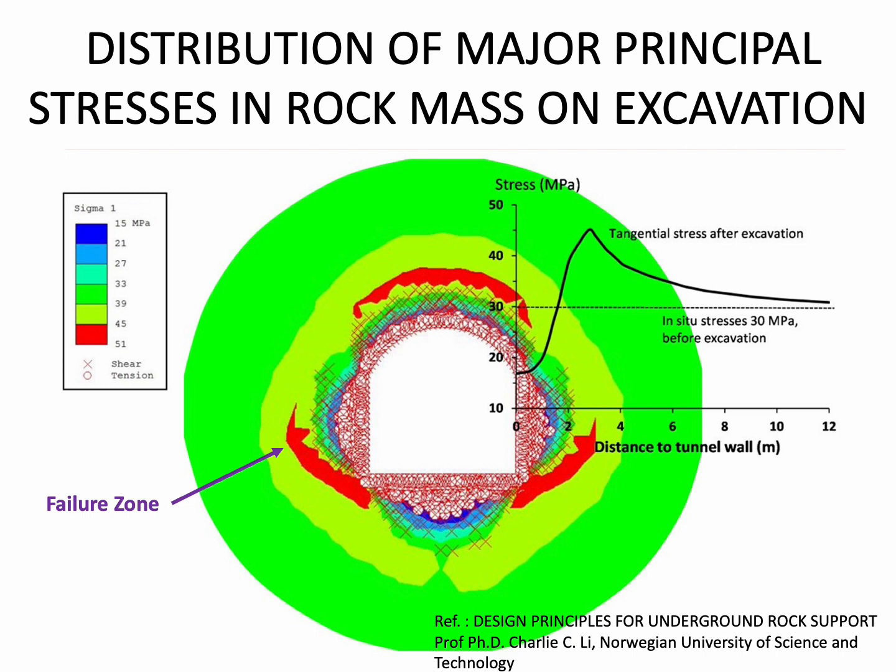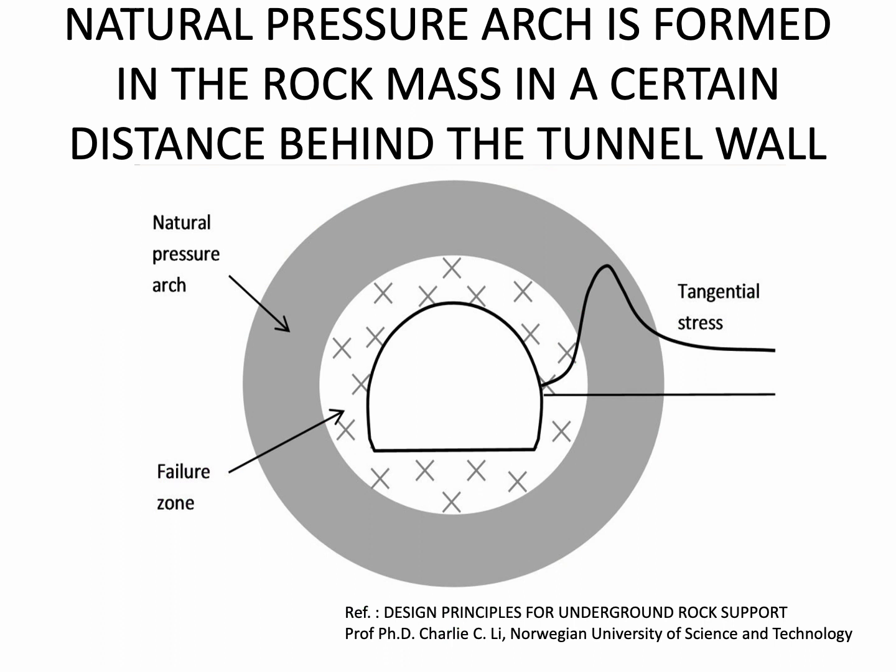and thereafter this tangential stress is maximum in a certain zone after this failed zone. There is a natural pressure arch formed in the rock mass at a certain distance behind the tunnel wall.